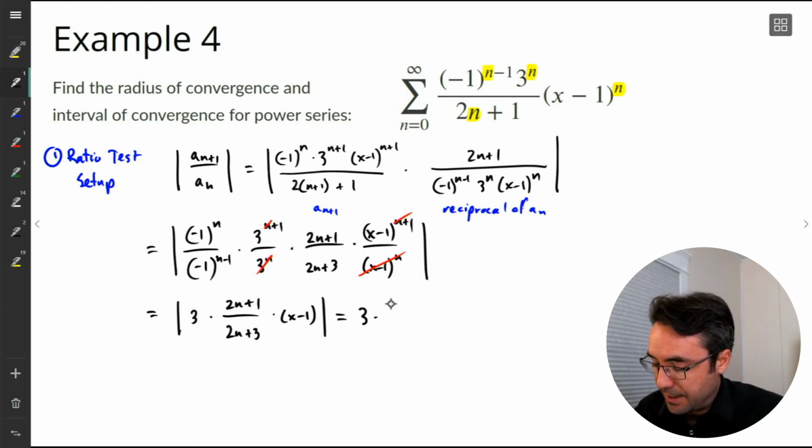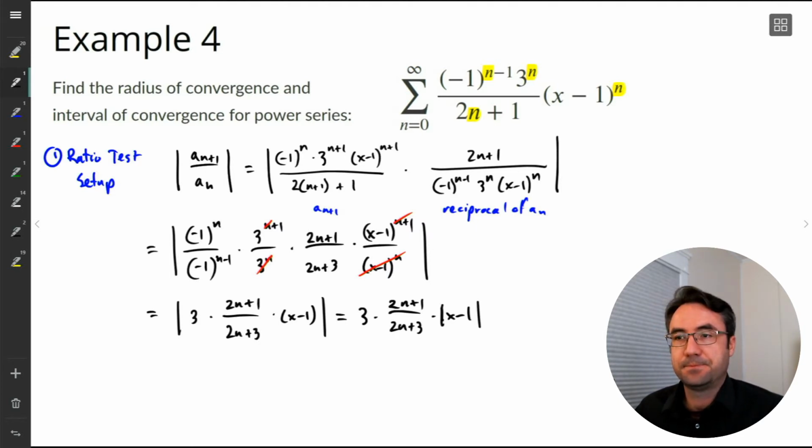So when we simplify, we end up with 3 times 2n plus 1 over 2n plus 3 times the absolute value of x minus 1. All right. So that's as far as we can go in terms of setting up this gadget for the ratio test. Now the next step will be to actually calculate the limit of that.